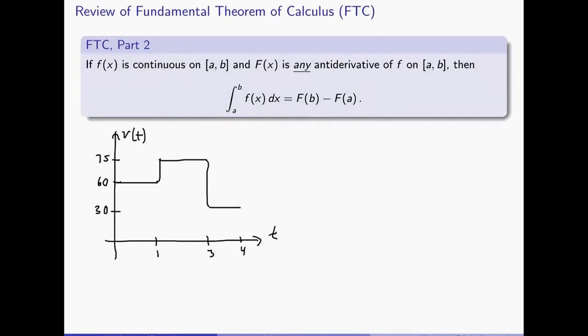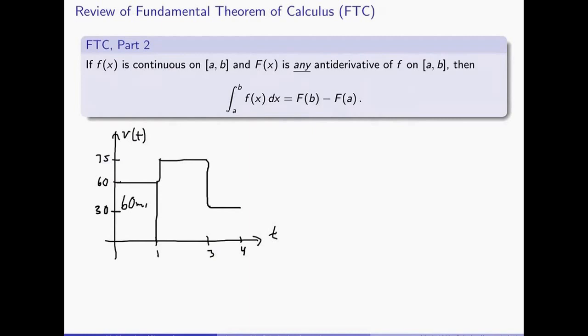So one way to figure out how far we've traveled is just divide our trip into segments. Now for the first hour, we have traveled at 60 miles an hour for 1 hour, so obviously we have traveled 60 miles.